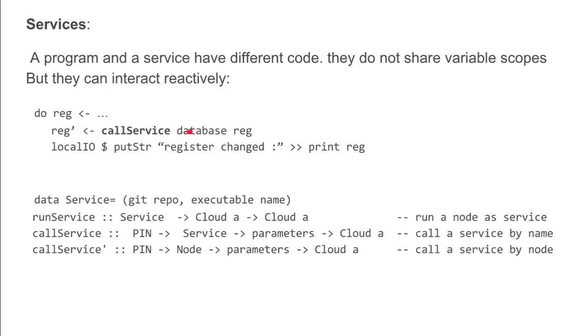Well, the database in the same call can return back any update of this kind of register if we like. So it can respond reactively whenever another node updates the database. So we can have this kind of reactivity even if we don't have identical programs.